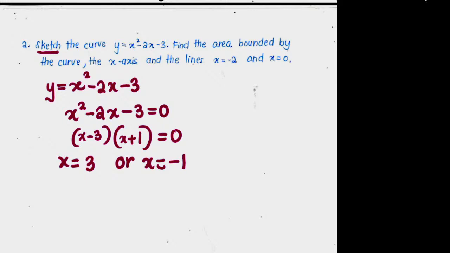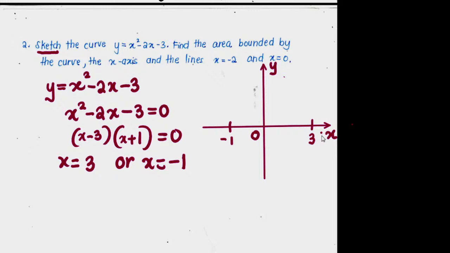From here you can sketch the graph. Let's sketch. Use a proper ruler and draw the straight line. The x-axis, then the y-axis. Here's x, here's y, 0. You only need these points, so we have -1 here. Then we can sketch 3 here.